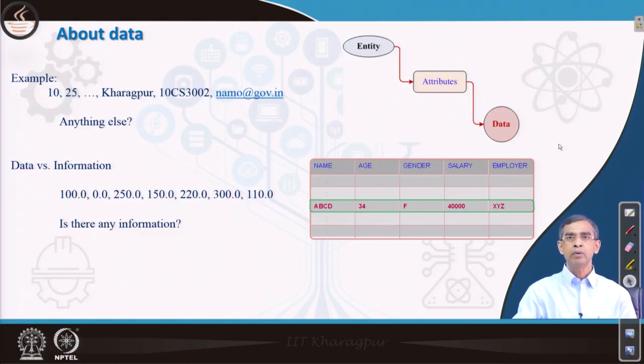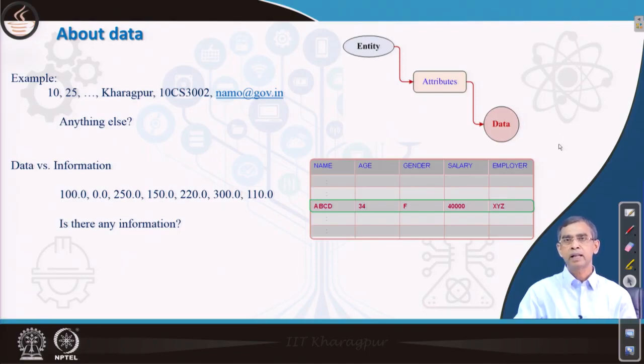Now, how can attributes be represented? Attributes are of different types, as we see in this example. For example, name is an attribute which is basically a collection of characters, we can say a string. Age, on the other hand, is another attribute which is numeric type. Gender is another attribute which is a special type called the Boolean type sort of thing.